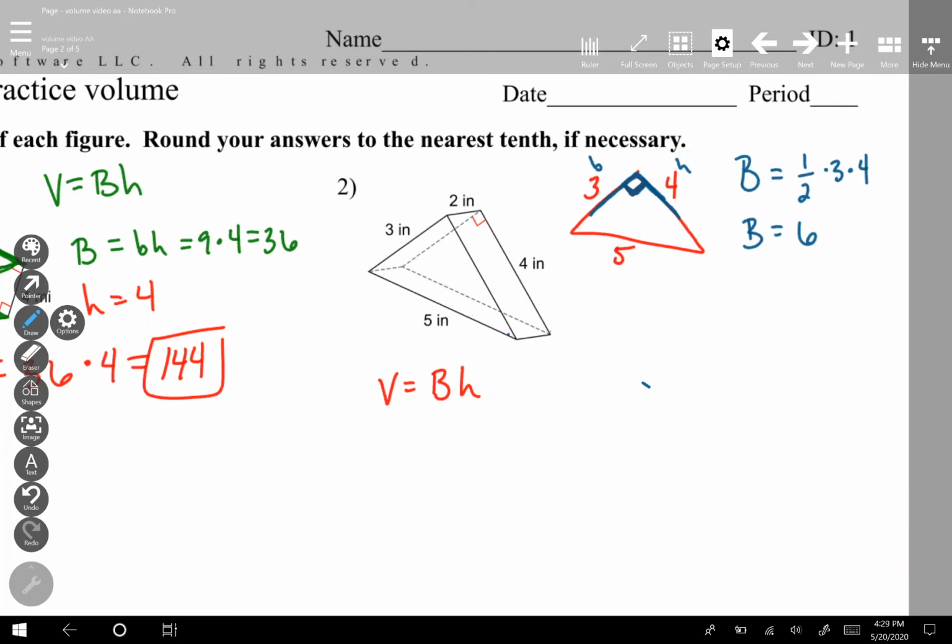And now the height of our cylinder is 1. Okay, so volume is going to be area of the base, which was 1 pi, times the height, which is 1. So we just do 1 times 1, well that's 1, and then the pi comes along for the ride.